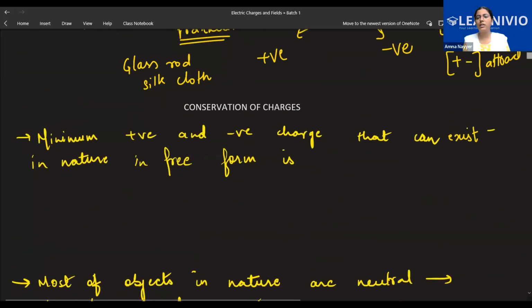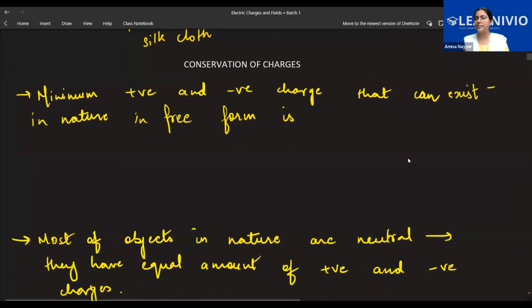Okay, now we'll move on to the next topic, that is conservation of charges. The statement is similar to the conservation of energy that we studied in class 11: energy can neither be created nor destroyed, it just changes its form.